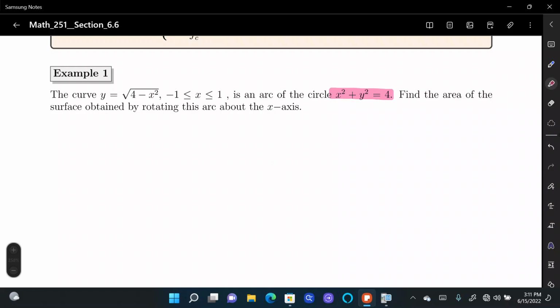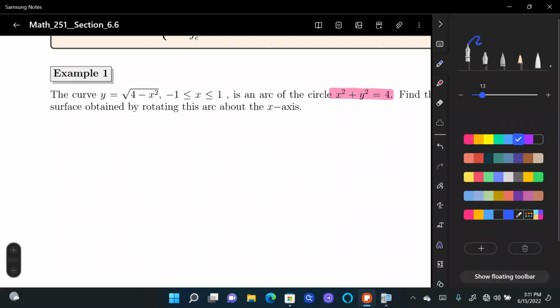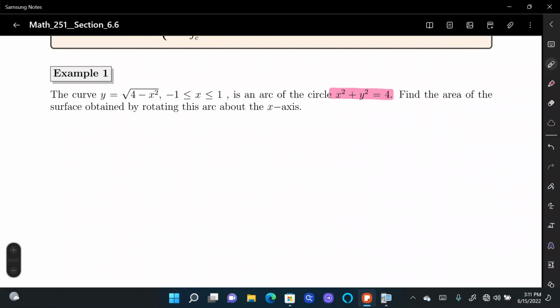Great. So let's draw a circle of radius 2 centered at the origin. That's 1, 2, 1, 2. This would be the whole picture.